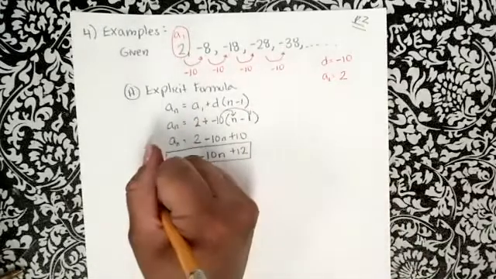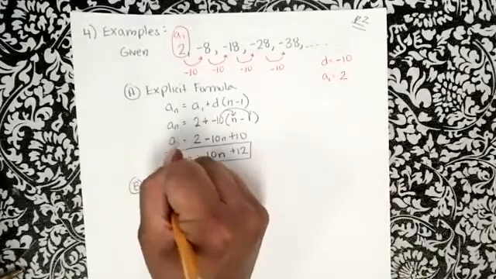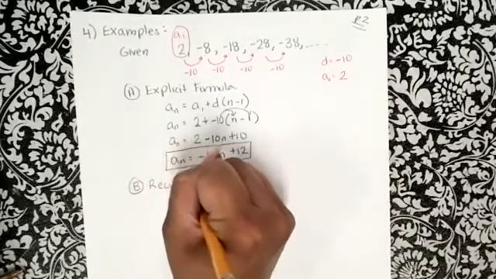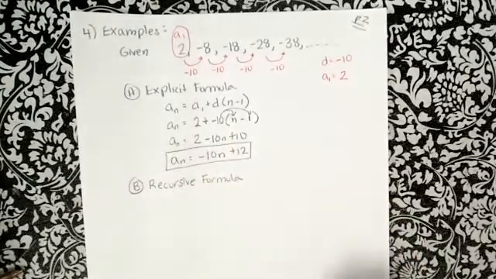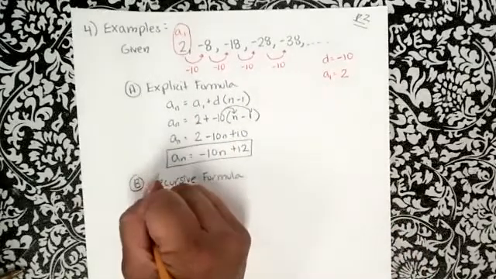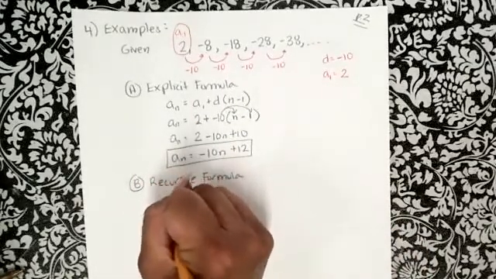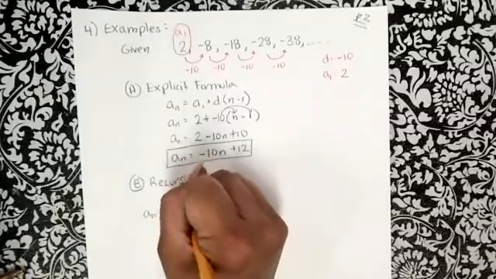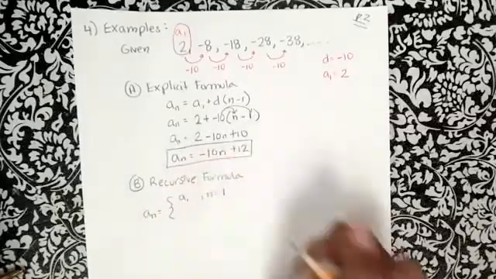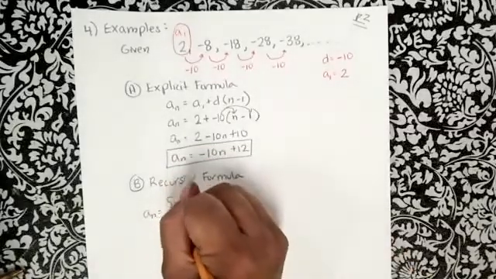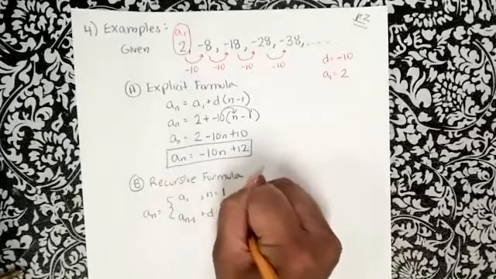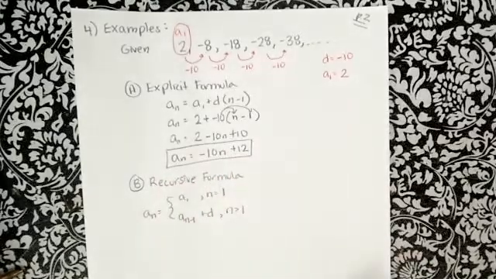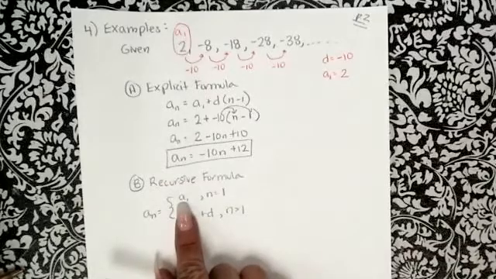Now let's find out what the recursive formula is. The recursive formula, they have to give you what the A1 is. And then it's going to be A n minus 1 plus D. So what I'm going to do here is I know what the A1 is.